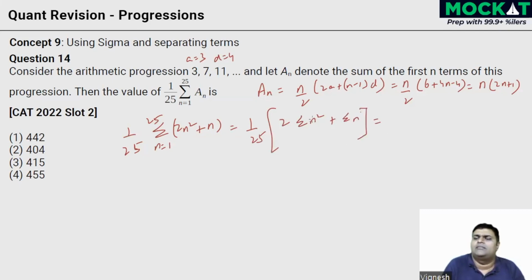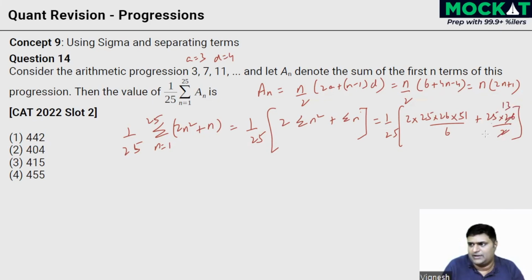Now it's n is 1 to 25. I can directly plug in the formula: 1 by 25 into 2 into n into n plus 1 into 2n plus 1 by 6. So 25 is n means 25 into 25 plus 1 into 2n plus 1, that's 51 by 6, plus sigma n into n plus 1 by 2, 25 into 26 by 2 over here.